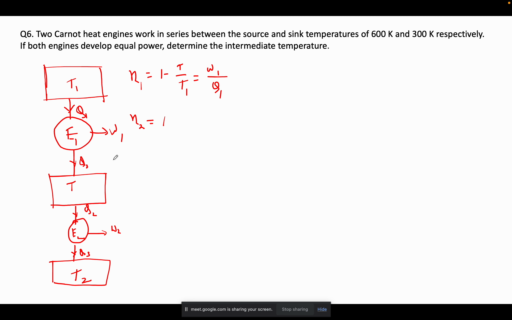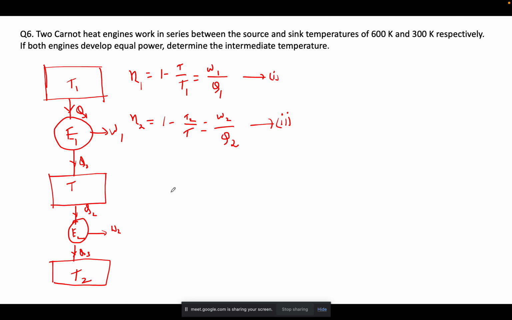This temperature is T and this temperature is T1. In general we also know that eta 1 is nothing but W1 by Q1. Similarly eta 2 is 1 minus T2 by T, which is W2 by Q2. This is my equation 1, this is my equation 2.